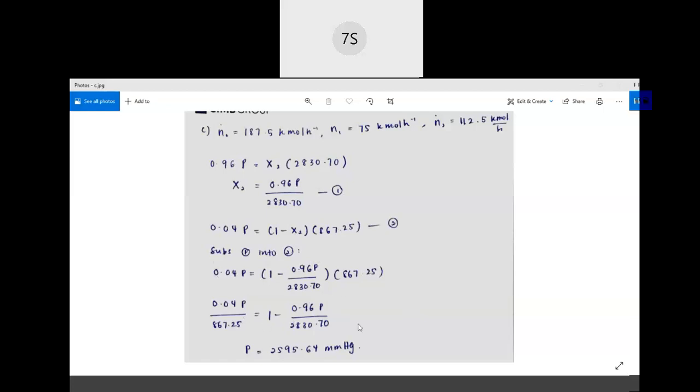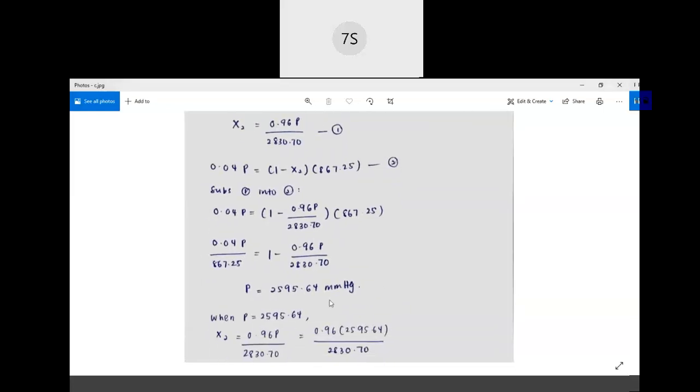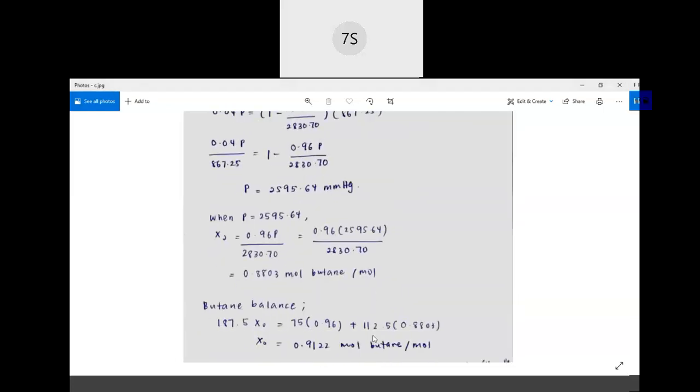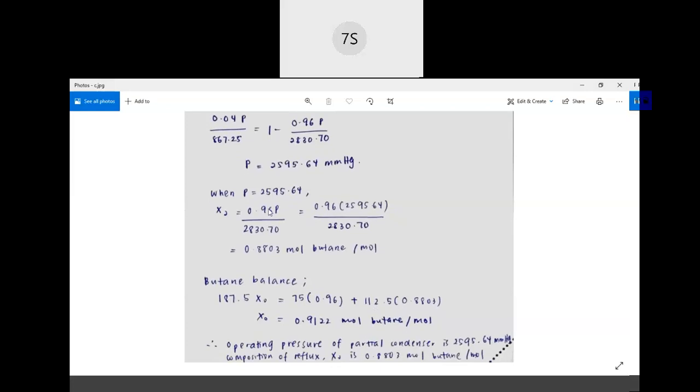And finally, we got the pressure, which is 2595.64 millimeters of mercury. Then, as we have the pressure, from the pressure we can find the molar composition.